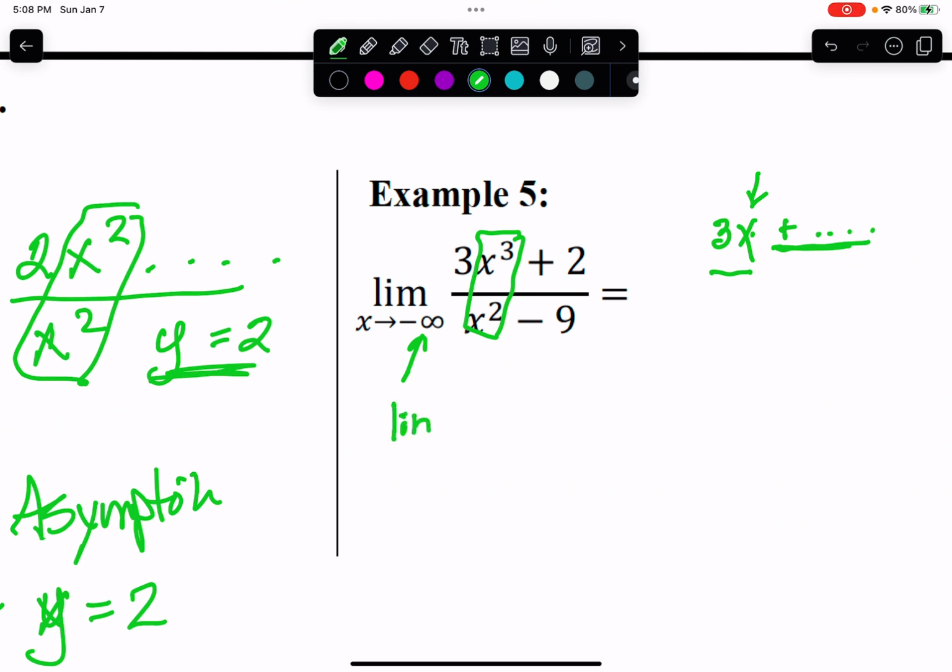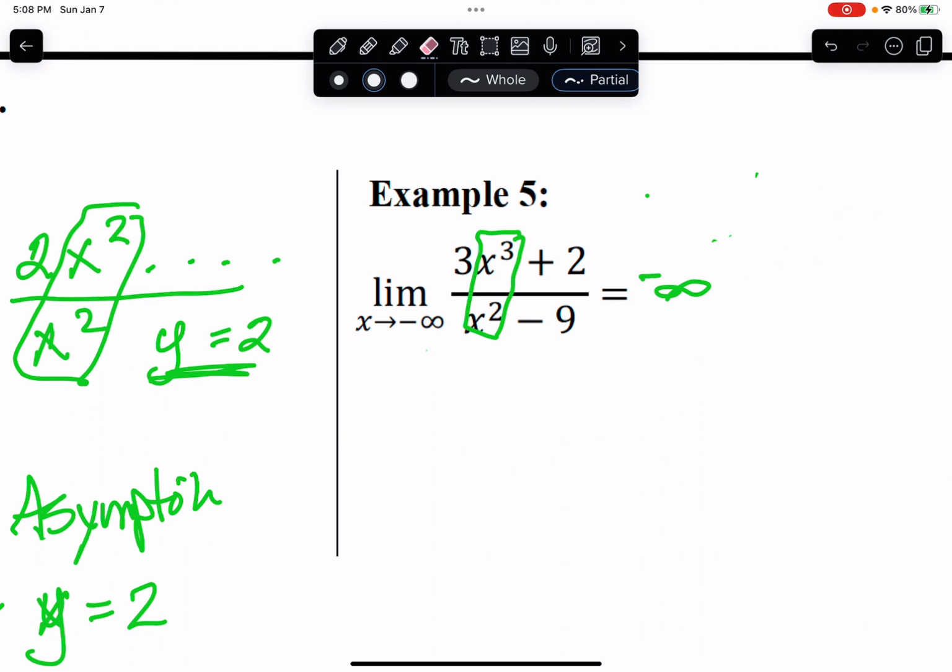So the limit is going to go to negative infinity. So I don't have a horizontal asymptote. It's one degree bigger, so I do have, if someone asks me, a slant asymptote. All right, I'll stop this video there.